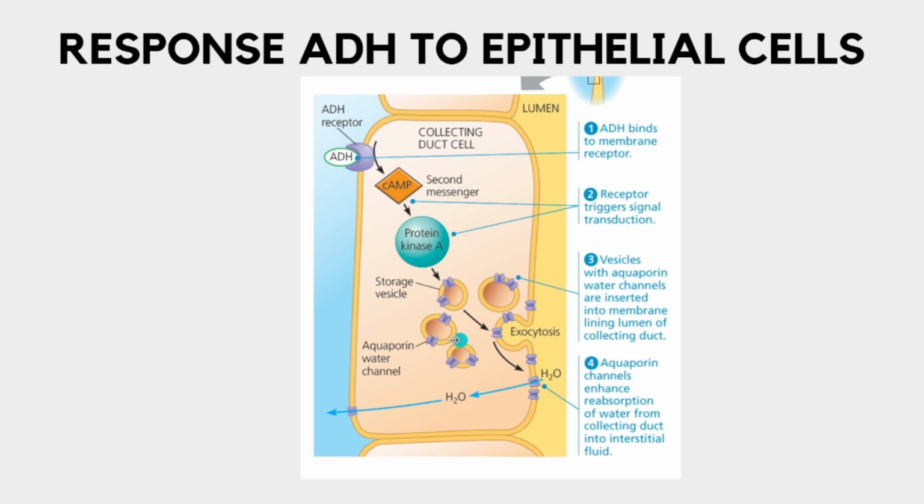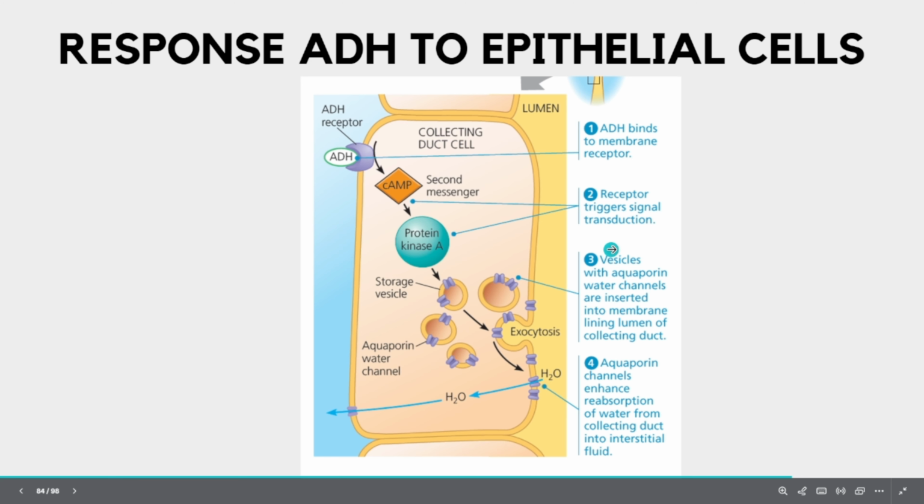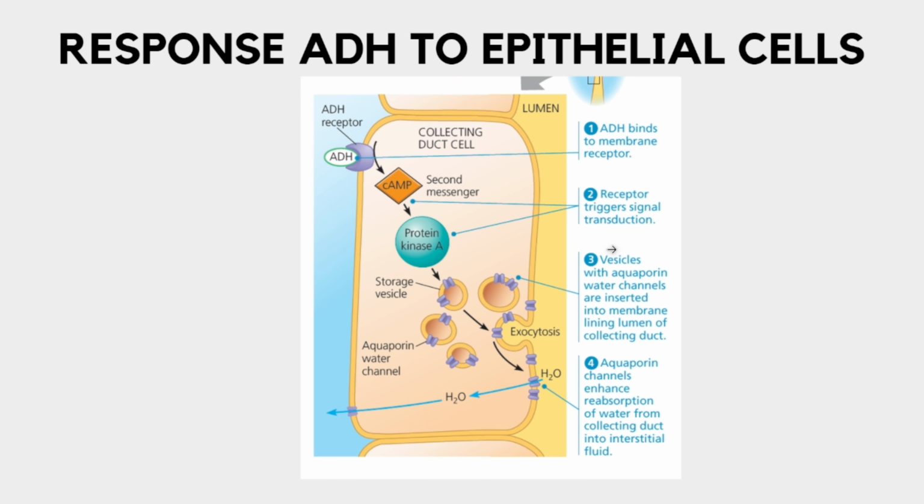Aquaporin, which is a water channel present on the plasma membrane, enhances water reabsorption from the filtrate, so more water is reabsorbed from the collecting duct and the distal convoluted tubule. So this is just a sample only.